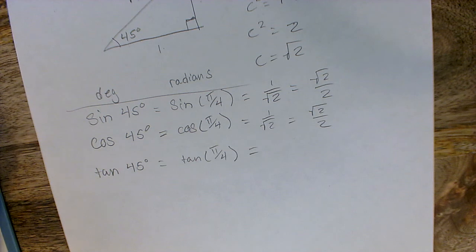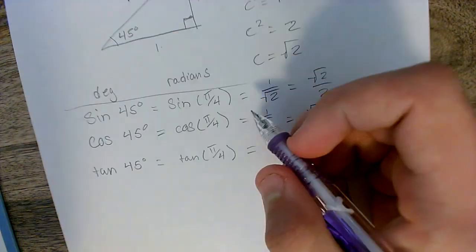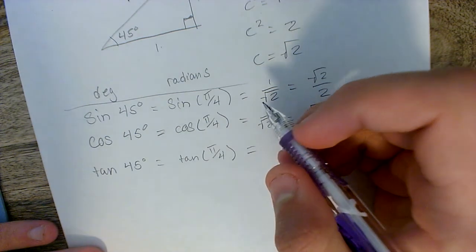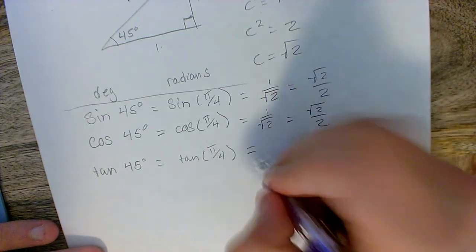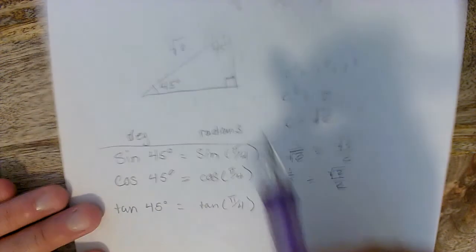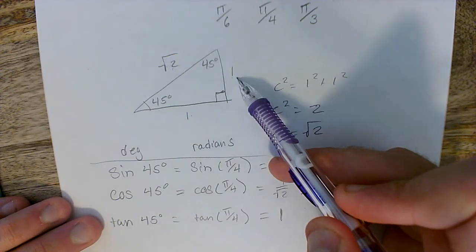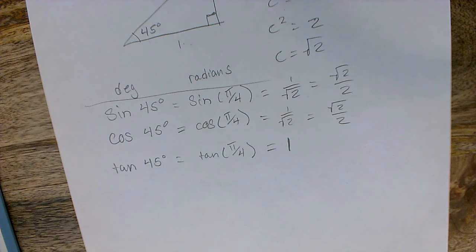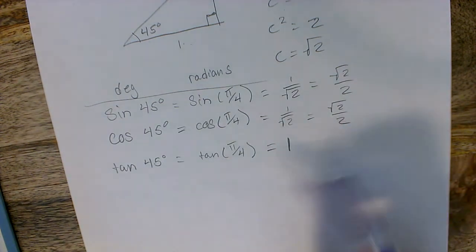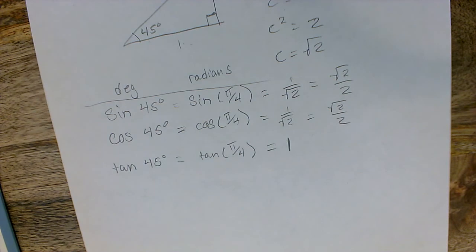The tangent of 45 degrees is sine over cosine. So square root of 2 over square root of 2, the same number over the same number, so it's 1. Or we can think of it as opposite over adjacent, 1 over 1. You can use these to figure out what the cosecant, secant, and cotangent are.